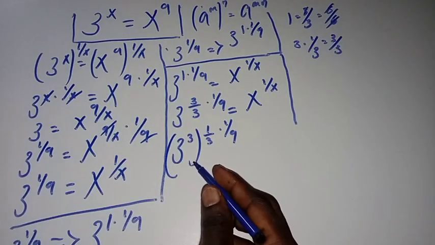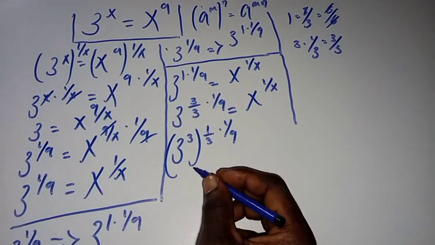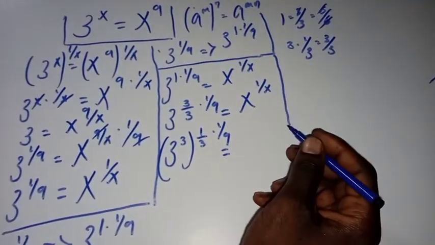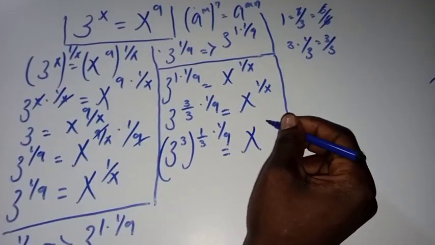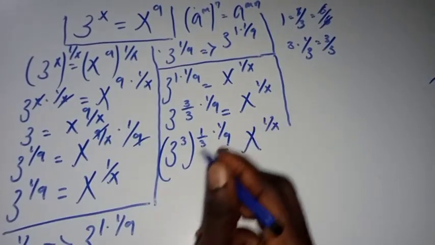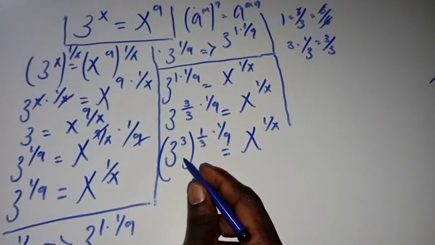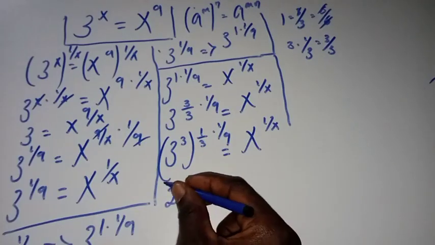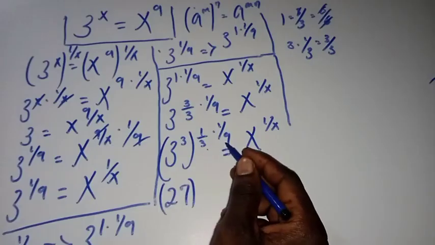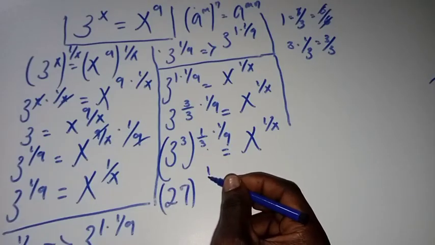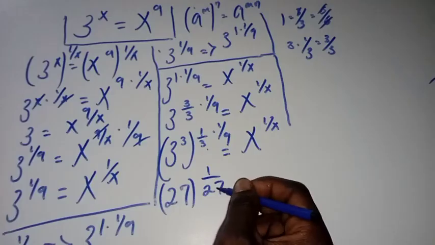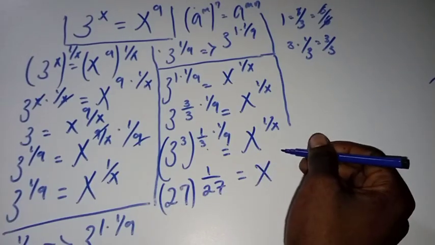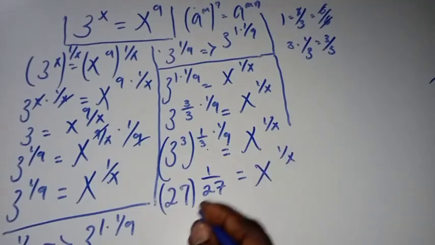Now once we've gotten here, we can say this is equal to x raised to power 1 over x, and then 3 cubed is 27. Now this times this, you have 1 over 27 to be equal to x to power 1 over x.